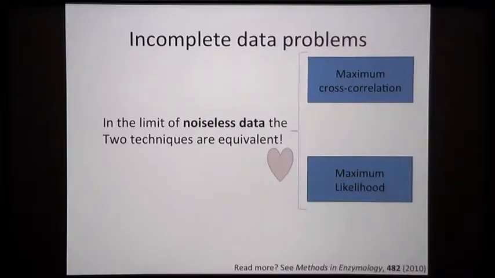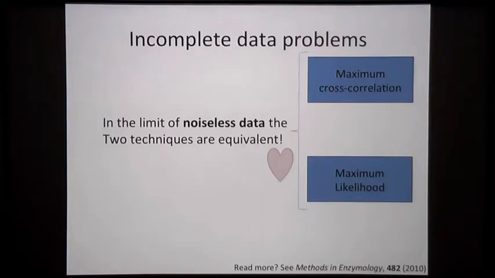So if you have data without any noise in it, then it doesn't matter whether you do maximum likelihood optimization or maximum cross-correlation optimization. So that's where I always say, if your data doesn't have any noise, you should use a maximum cross-correlation program. Okay. If you want to read more about maximum likelihood theory, we wrote a review which is in Methods in Enzymology.